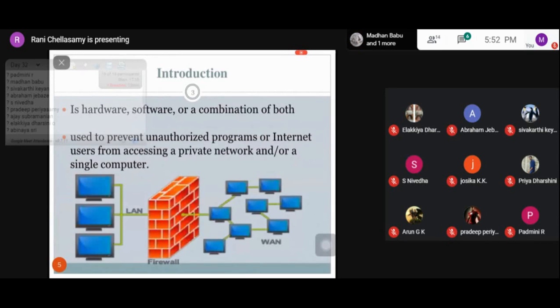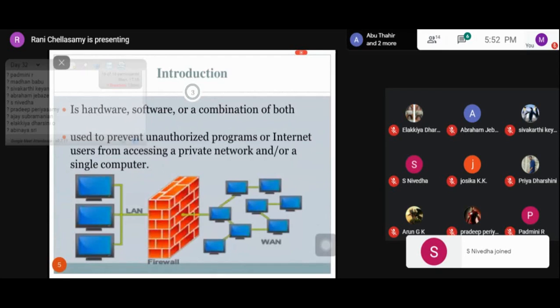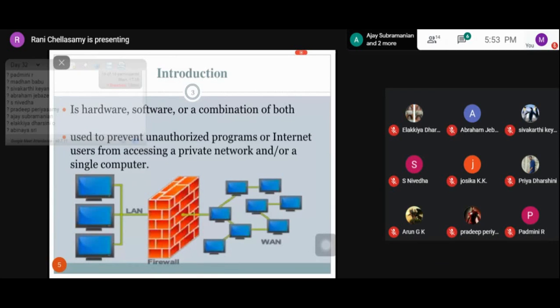So this firewall is used to prevent the unauthorized programs or internet users from accessing the private network and or single network. Okay, so that is private network in the sense local area network or a particular network. Okay, so there are some restrictions. So it is used to prevent some unauthorized access.